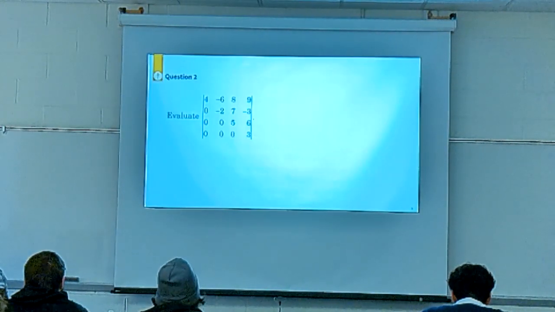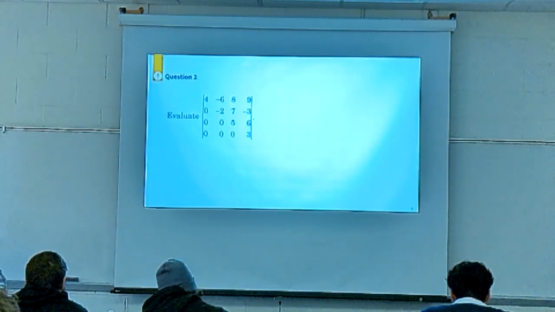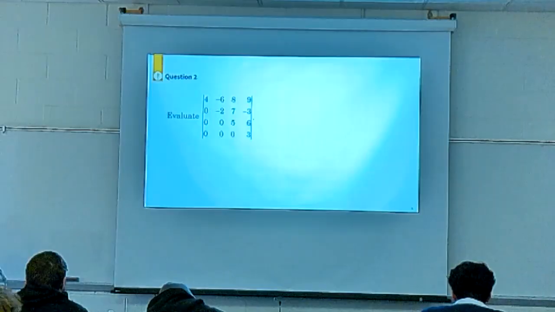If we're doing cofactor expansion, we have a nice column and a nice row to work with. But we don't need to worry about that. We can just look and go, oh, it's not triangular.